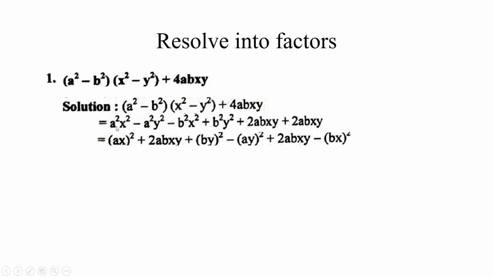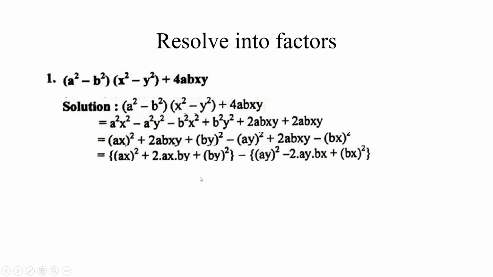Now a²x² means (ax) whole square, and take 2abxy here, and b²y² is (by) whole square, and the rest of the terms are minus (ay) whole square plus this term 2abxy minus (bx) whole square.